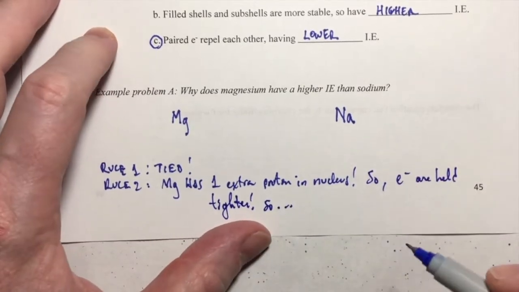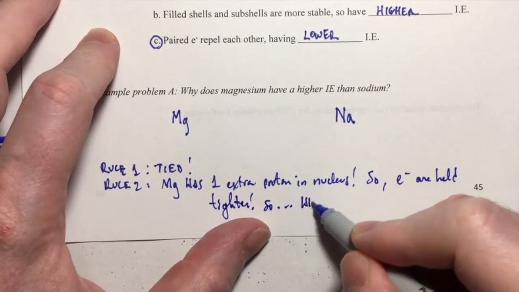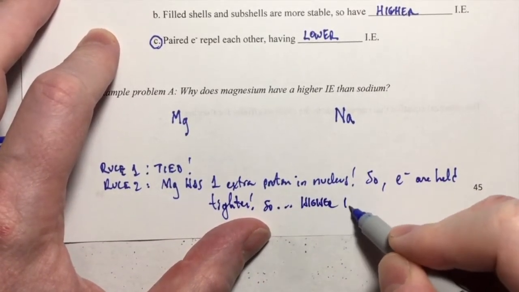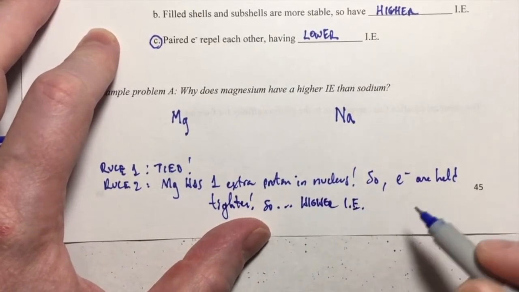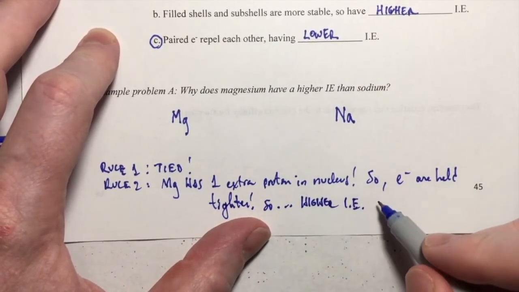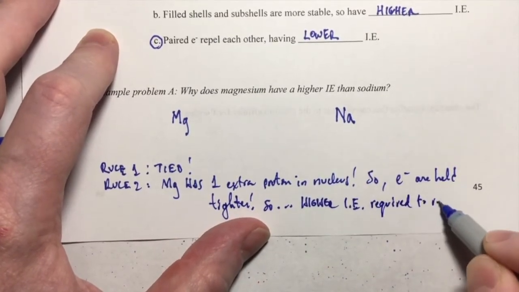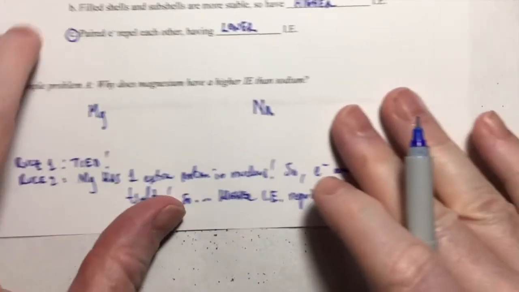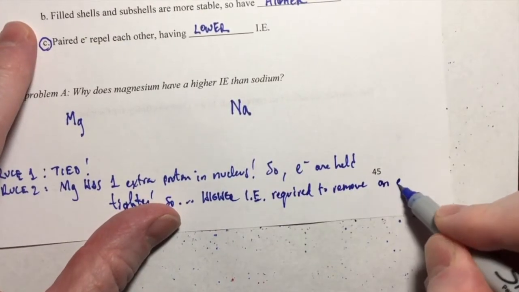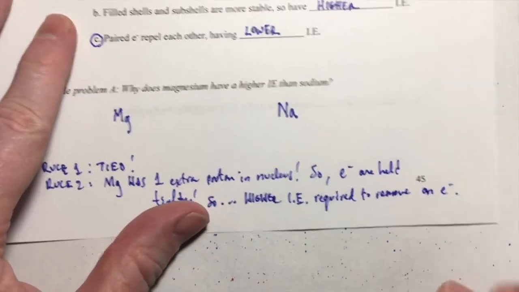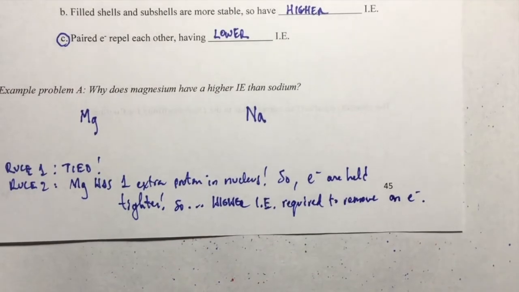So what does that mean? Higher IE, ionization energy required to remove an electron. Higher ionization energy required to remove an electron because of that extra proton down in magnesium's nucleus.